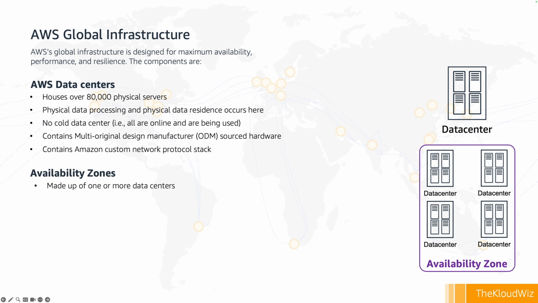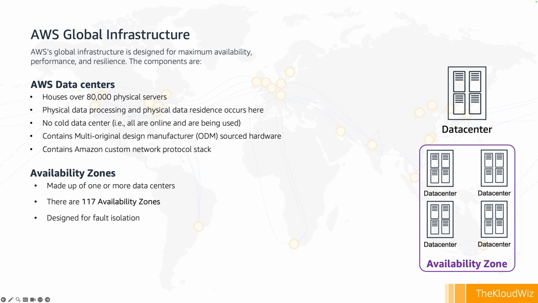So what it means is that data centers that are in proximity are marked as one availability zone. And they are normally named with alphanumeric characters. So you see 1A, 1B, 1C, 2A, 2B, 2C, and so on and so forth. One or more data centers make an availability zone. And currently, AWS has about 117 availability zones.